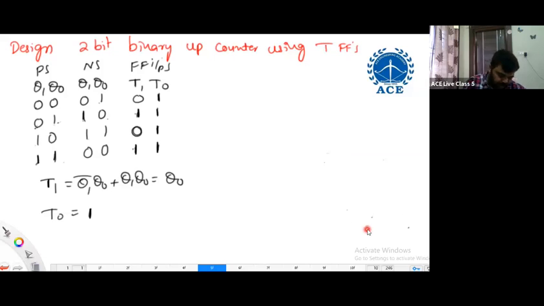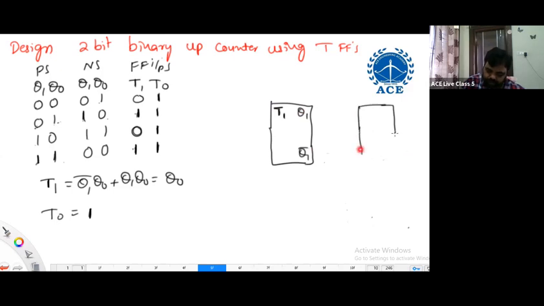Right. Let me write the expressions, already written. Then write the circuit using toggle flip-flops. T1, Q1, Q1 bar. Then here it is T0, Q0, Q0 bar. T0 is 1.